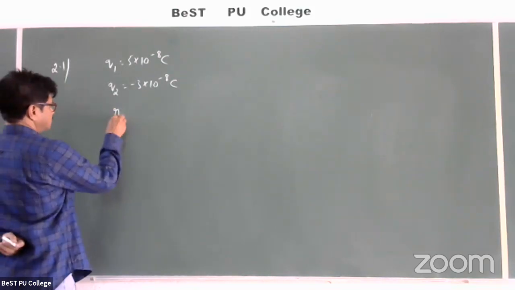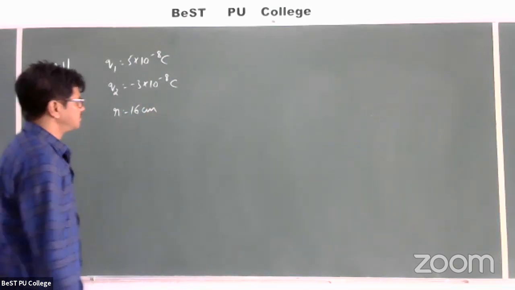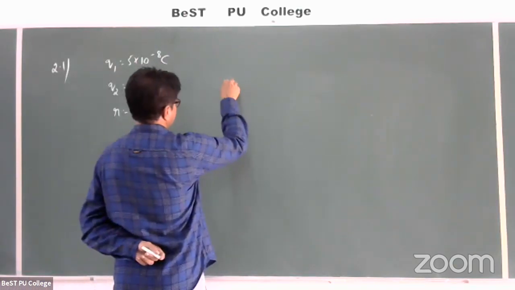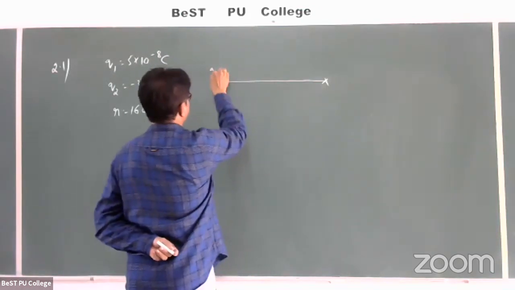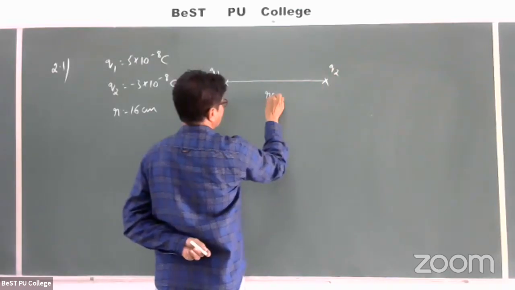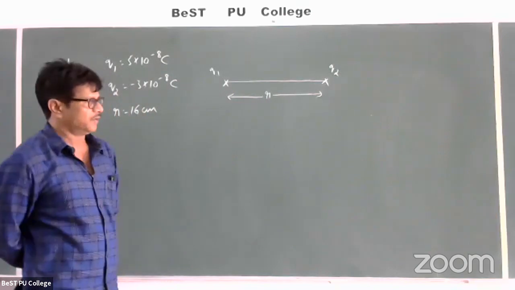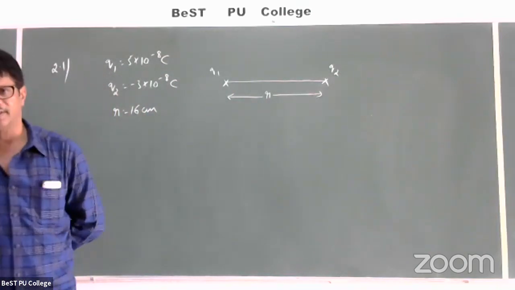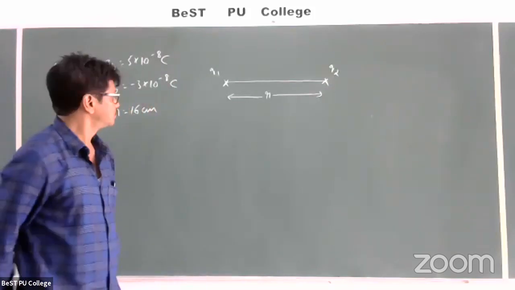Now, what is given is two charges Q1 and Q2 are separated by a certain distance. He is asking us to find at what point the electric potential is zero.